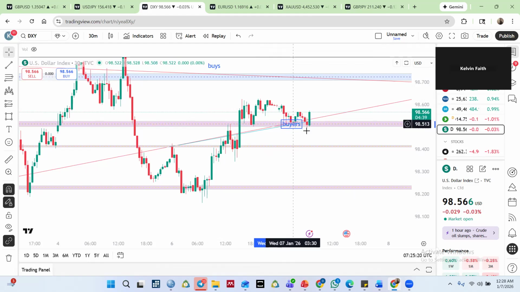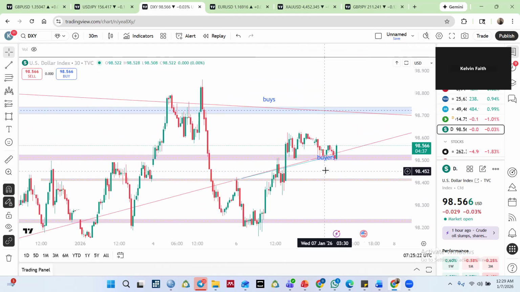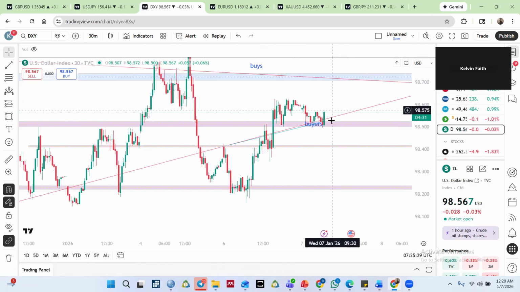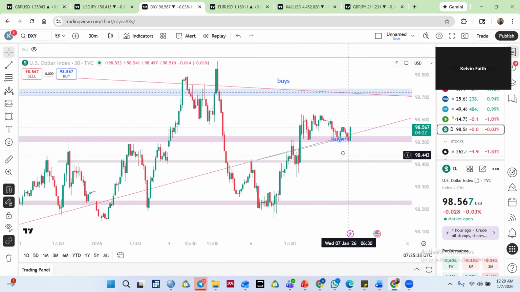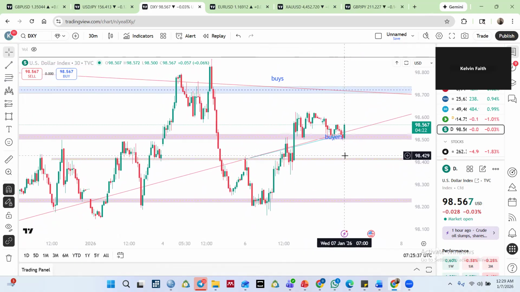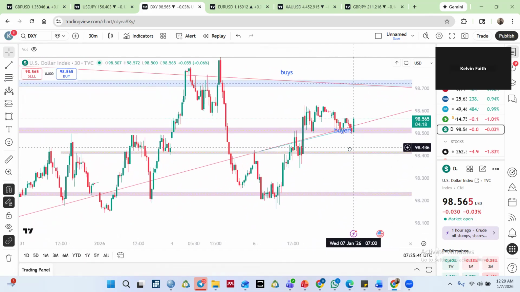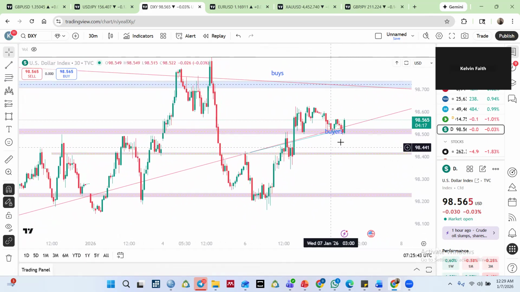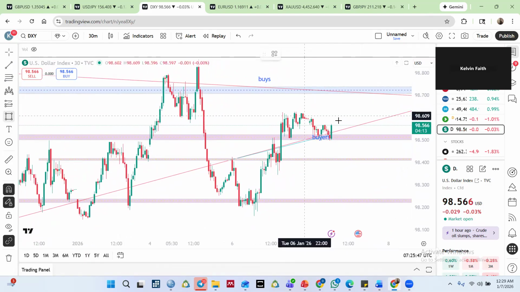So until these buyers become weak, this market will not be selling from the 30-minute time frame, okay? Even in 1 hour time frame. So we need that to happen, else we will not see the sales. So this is it. If the market stays like this, then it's likely it should rather be pushing up.